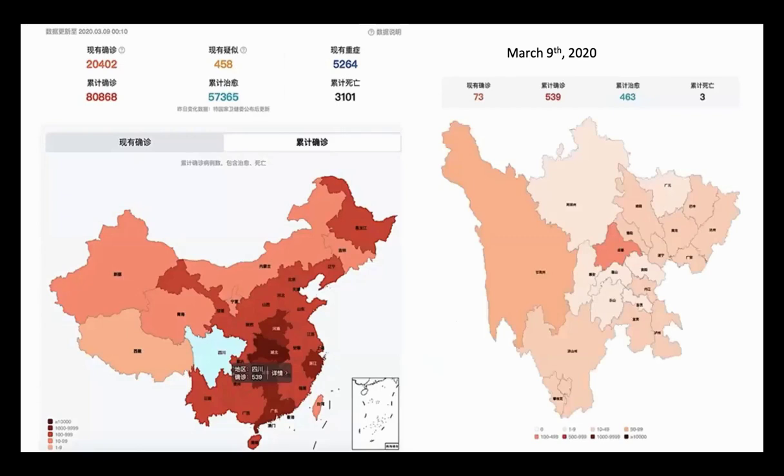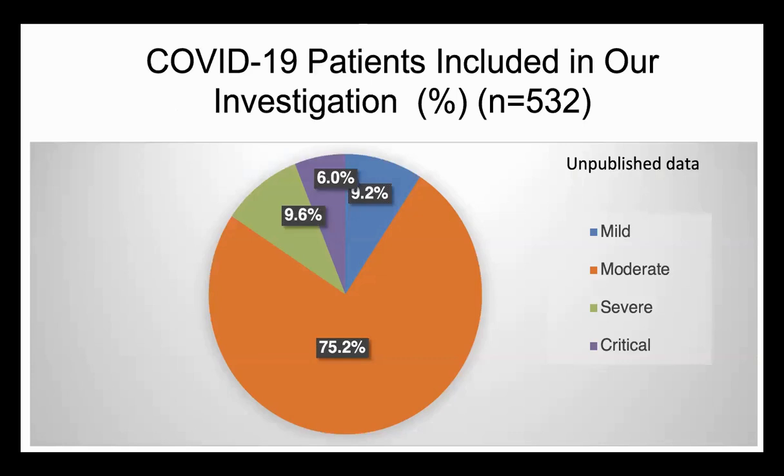Sichuan is a province located at southwest of China. Total population is about 80 million. As of March 9th, there were 539 lab-confirmed patients. So our investigation included 532 patients with full recording.